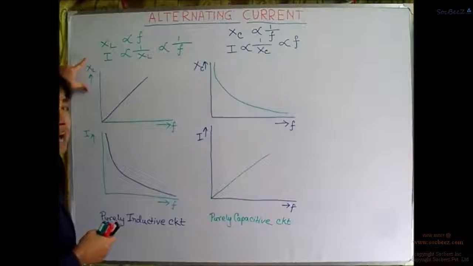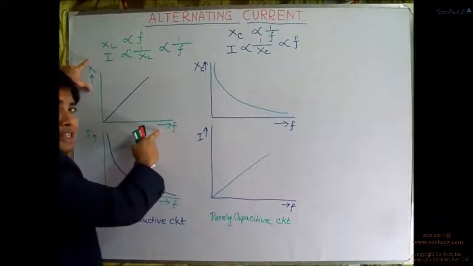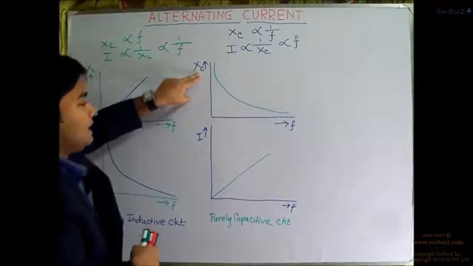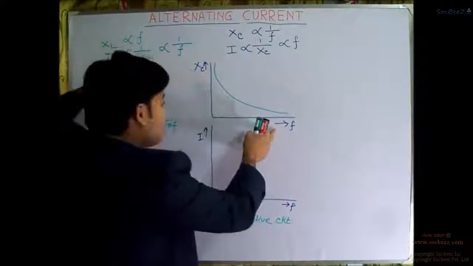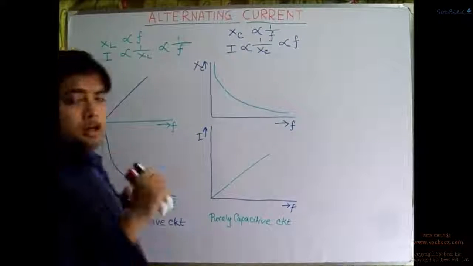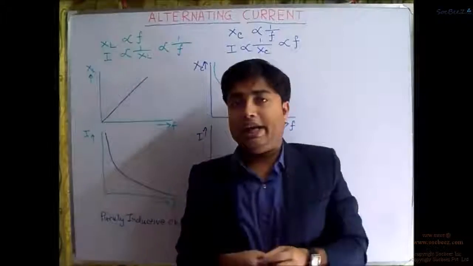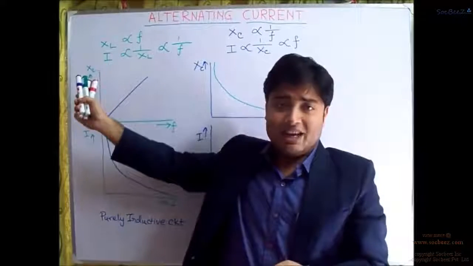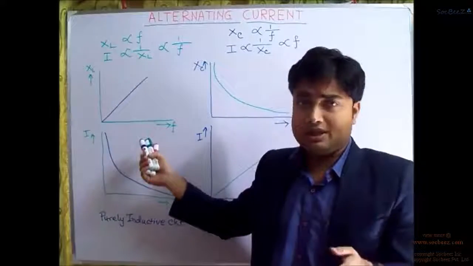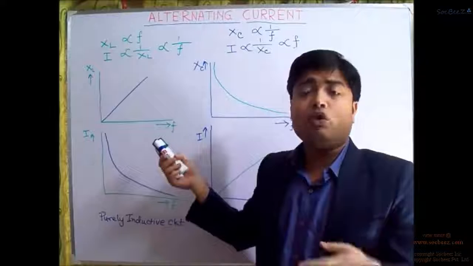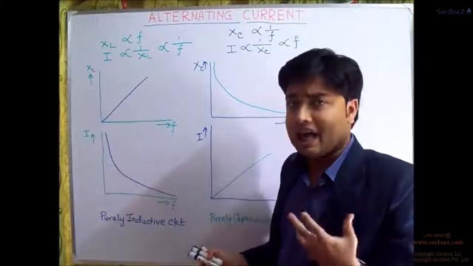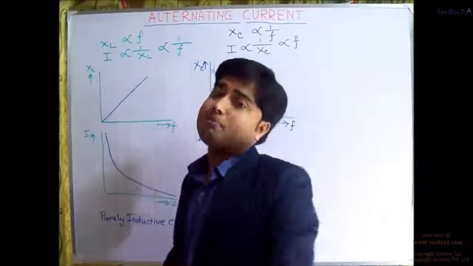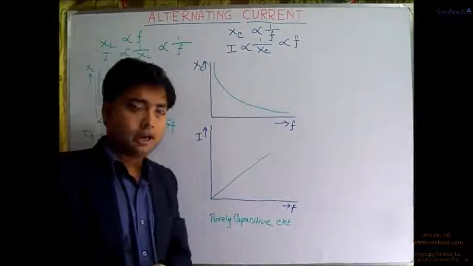The graph of reactance versus F seems the same as I versus F. So, in the inductive circuit, if we remember the graph for XL, the inductive reactance, versus the frequency, we can simply put it out for a purely capacitive circuit as the graph of I, the alternating current, versus the frequency, and vice versa, right?